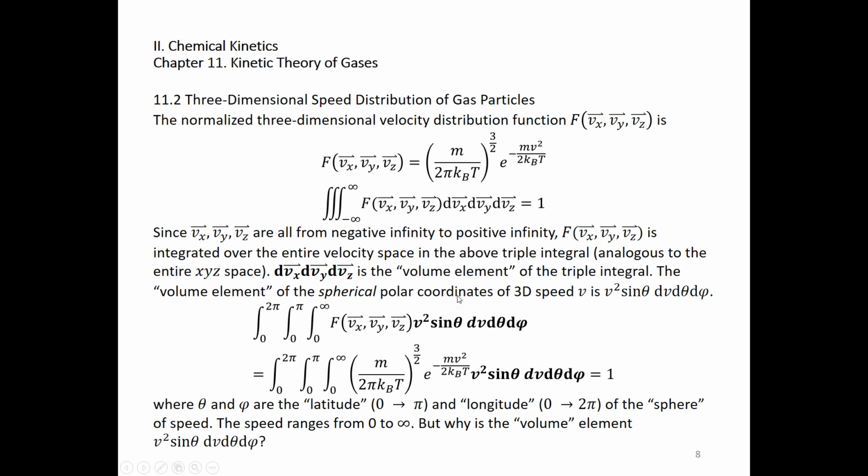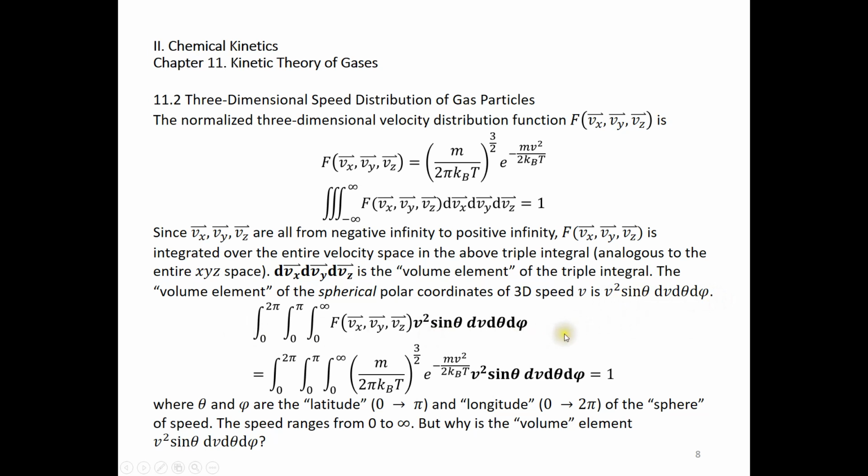And three, there's another variable. If you project the three-dimensional vector to the xy plane, then you get a two-dimensional vector. And between the two-dimensional vector and the x-axis, we have the third variable. We call that phi. So the volume element of the spherical polar coordinates of 3D speed is this. It's v squared sine theta dv d theta d phi. We will prove this in the next slide.